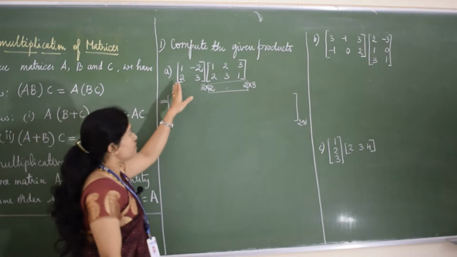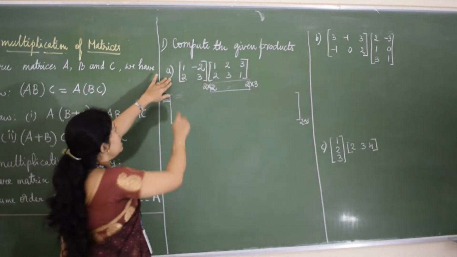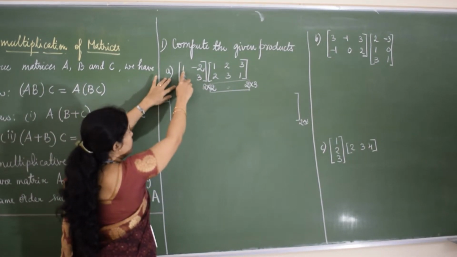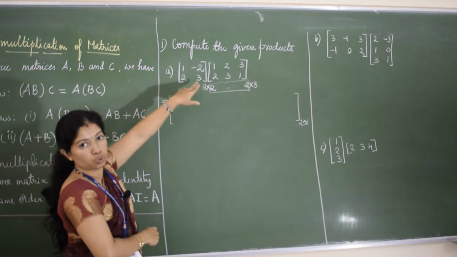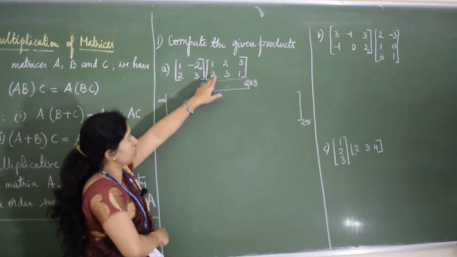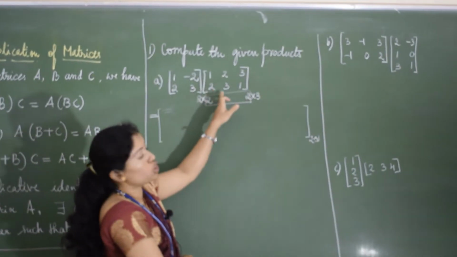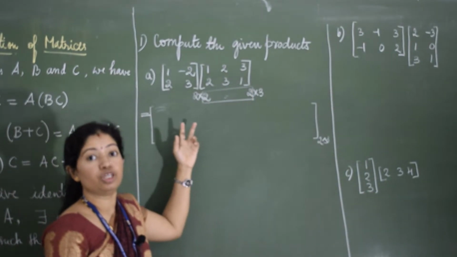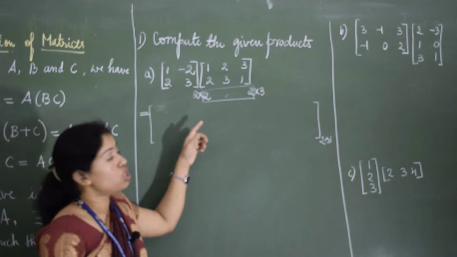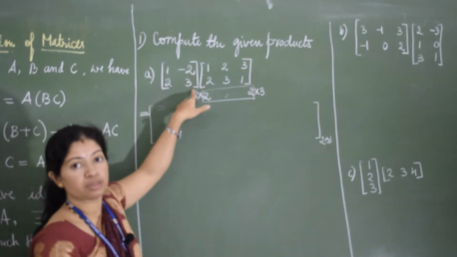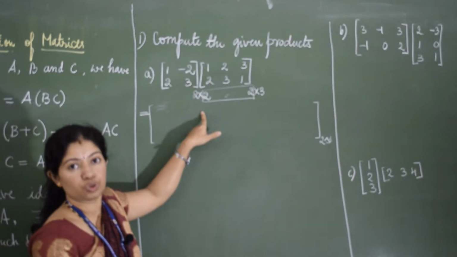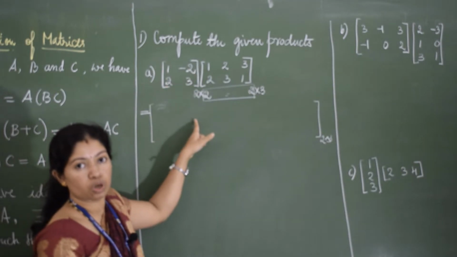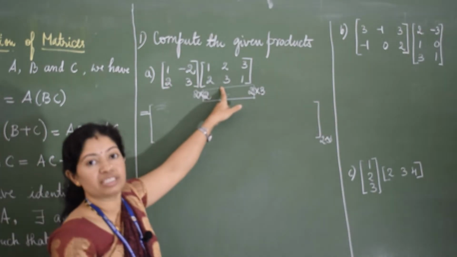So here is the first problem. In that, the first matrix contains the elements 1, minus 2, 2, 3. The second matrix contains the elements 1, 2, 3, 2, 3, 1. Before we start multiplication, you have to check the condition. What is the order of the first matrix? It is 2 cross 2, having 2 rows, 2 columns. What is the order of the second matrix?